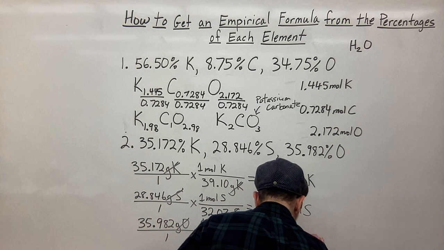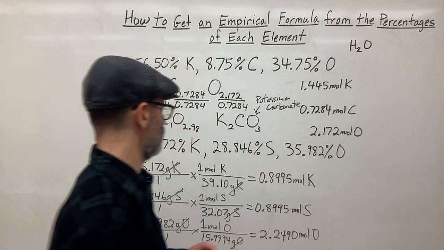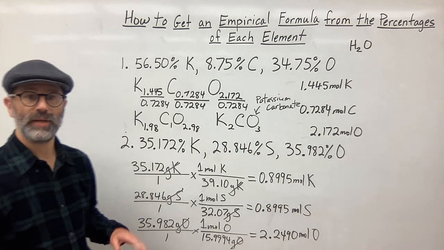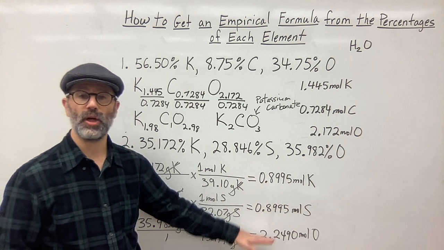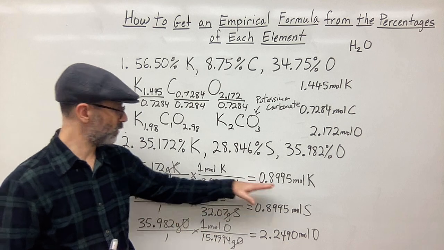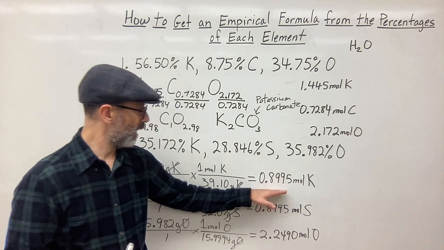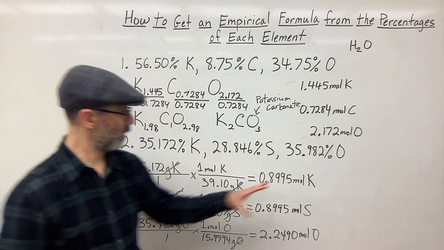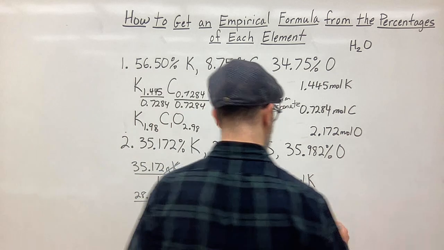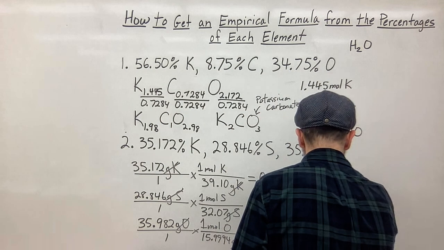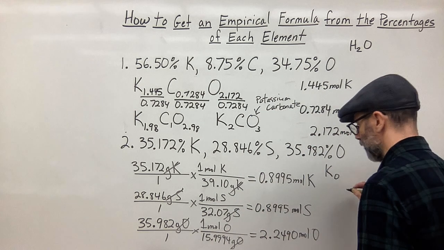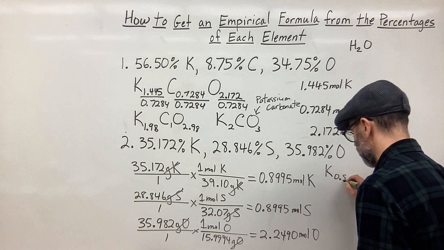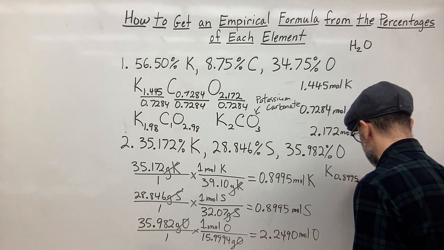2.2490 moles of oxygen. Okay, so now that I have my moles, I'm going to put that as my pseudo formula. These are going to be my subscripts for my pseudo formula. So I'm going to put it over here. I think I have enough room. So here I got potassium, 0.8995.